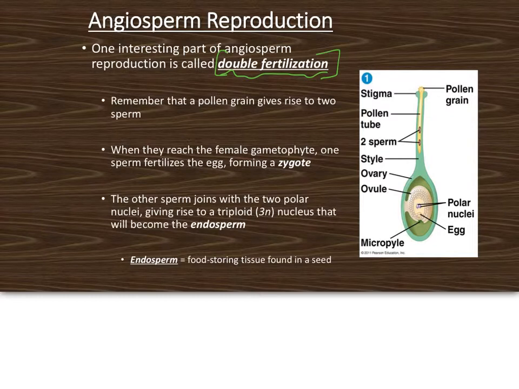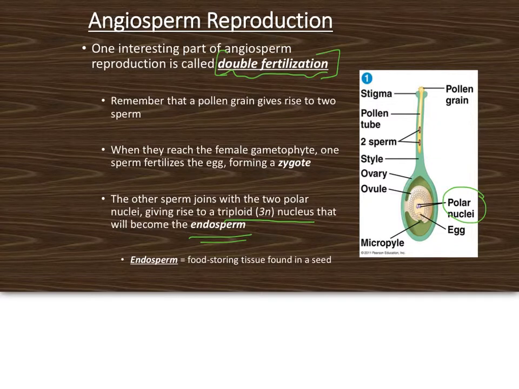The first sperm, or one of the sperm, is going to fertilize the egg, as we'd expect, forming a new zygote, right, a new organism, just like fertilization makes a new organism in humans or animals. But the second sperm has a job to do too, and that second sperm will join with those other two cells, the two polar nuclei, to form a triploid cell that will become something called an endosperm.